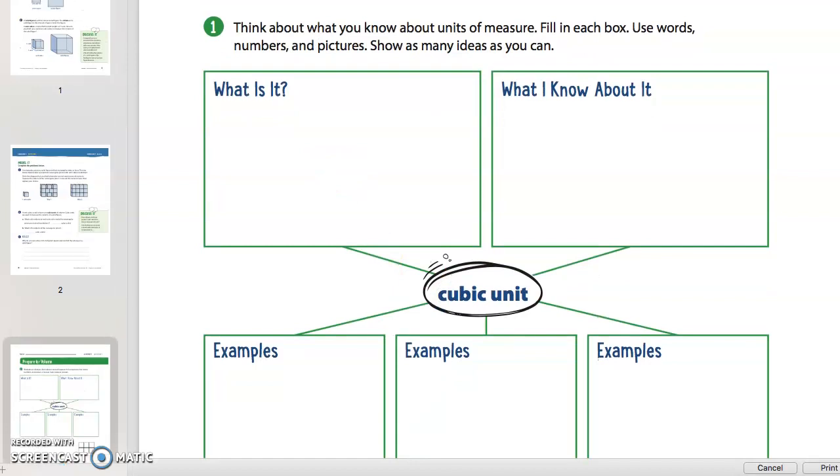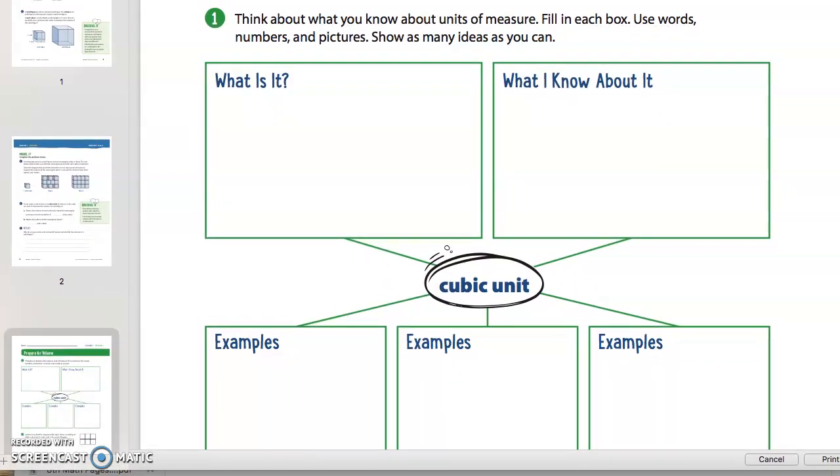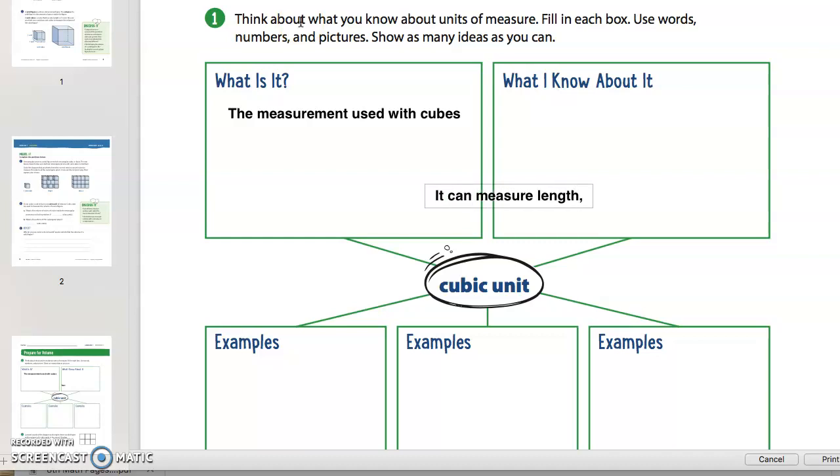I'm going to add that a cubic unit is the measurement used with cubes, right? And you've done that. It can measure length, width, and height. You have that information.